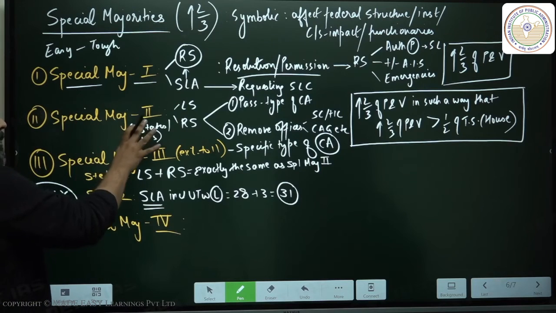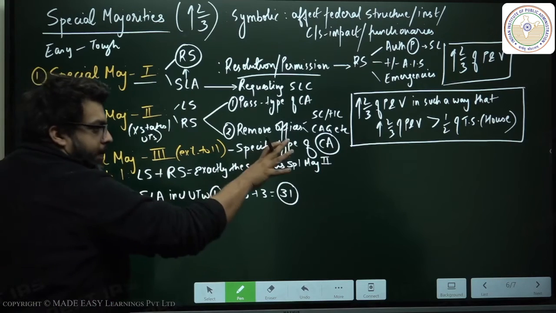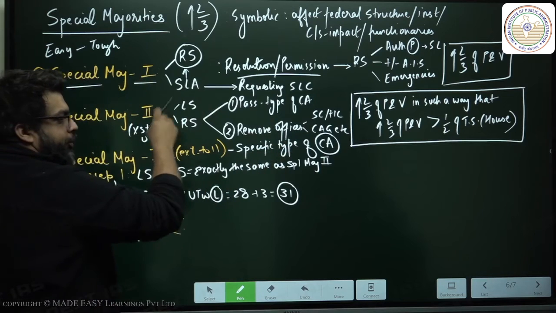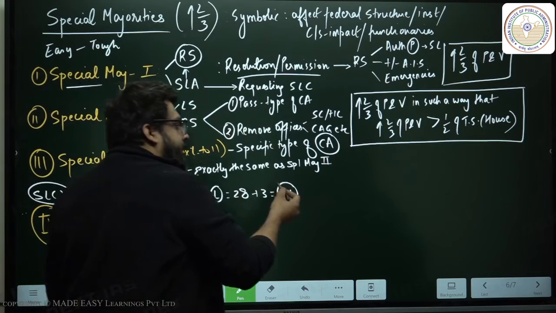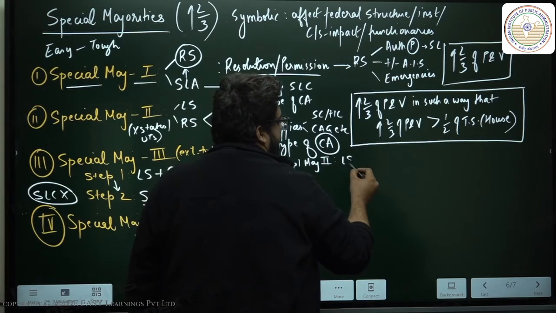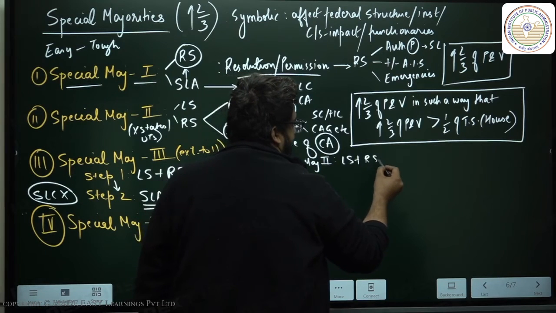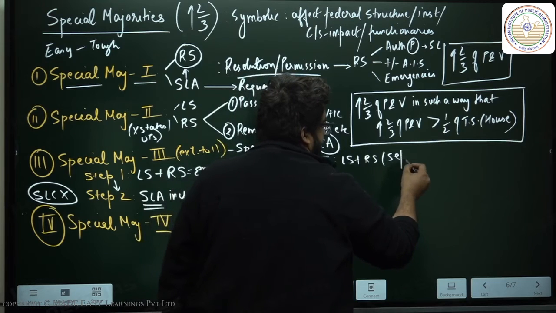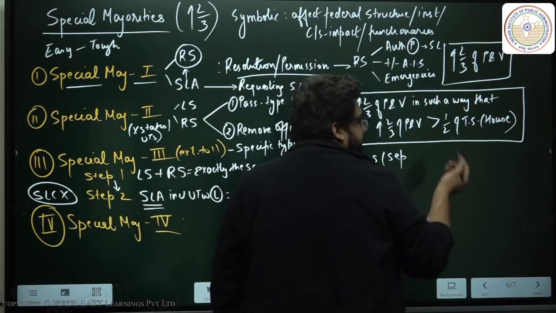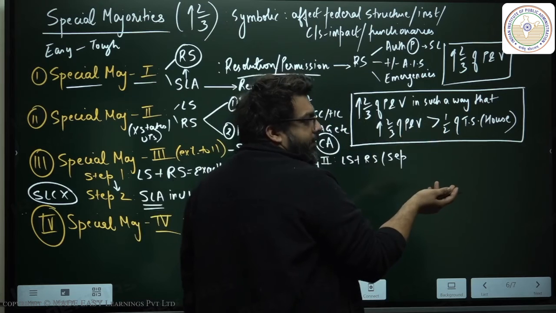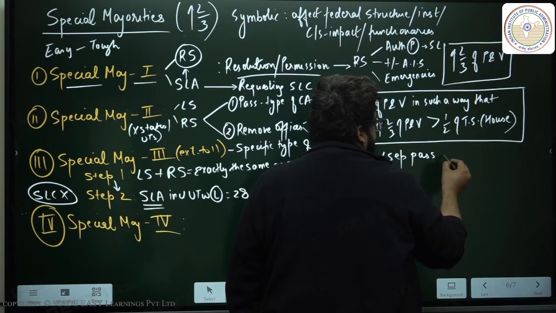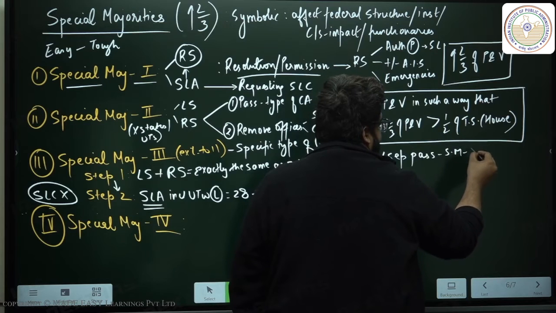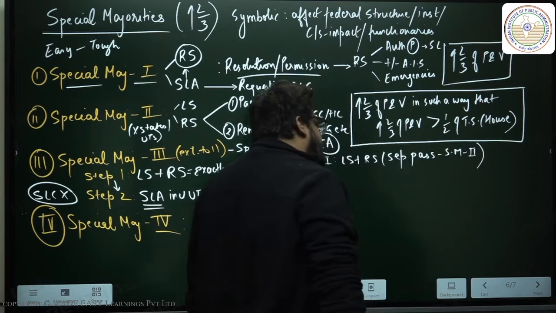The bill will pass in the Lok Sabha, and the bill will pass in the Rajya Sabha. It will be passed using this specific majority. Now once both the Lok Sabha and the Rajya Sabha separately, they will never sit together because otherwise the numbers will always be in favor of the Lok Sabha, will separately pass using special majority 2, right?